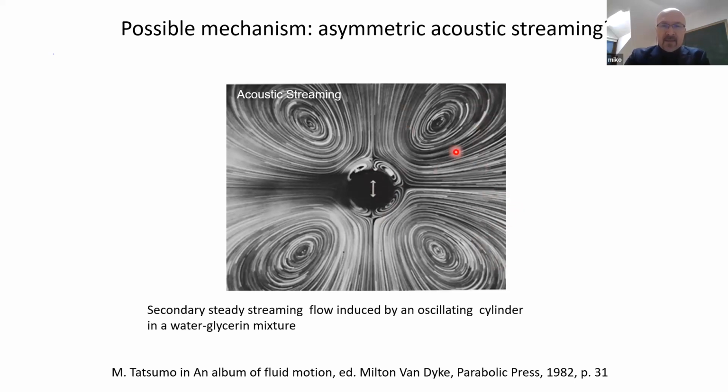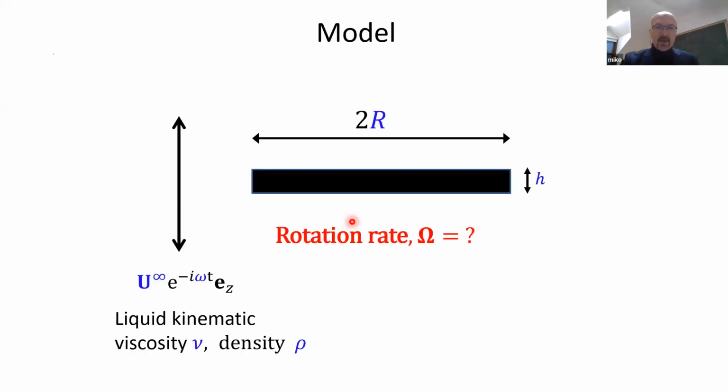And then these streamlines are a steady-state pattern in this flow field. The key point here is steady state. You oscillate your particle at megahertz frequency and you observe this steady-state flow pattern. We believe that by changing the shape of our particle, we can pattern the structure of these acoustic streamlines and control the resulting motion of these nanoparticles. So our model is very simple. We start from just very thin plates placed into the ambient fluid.